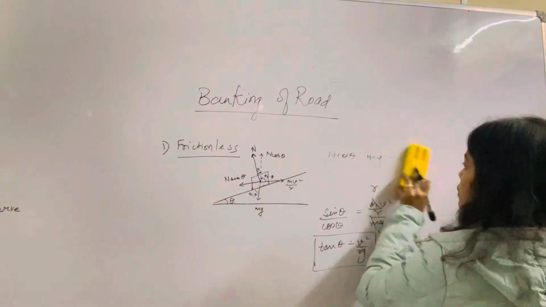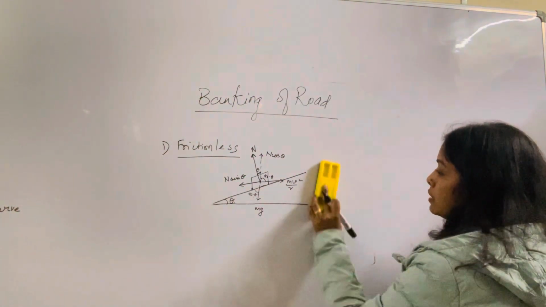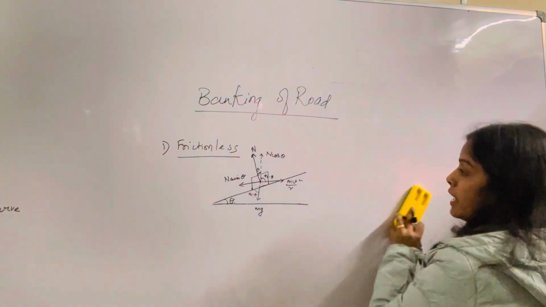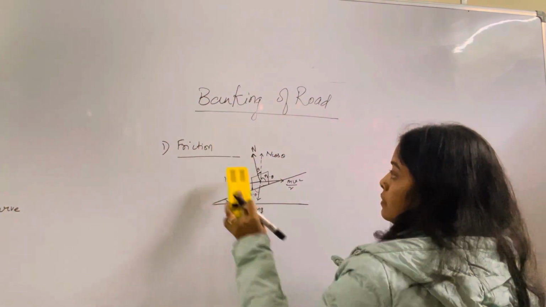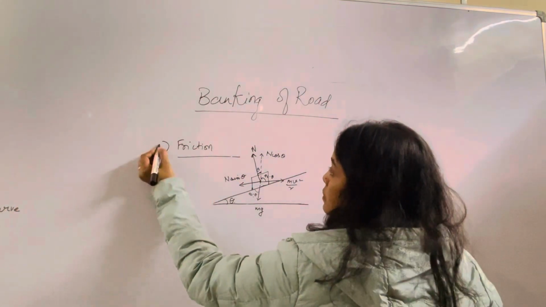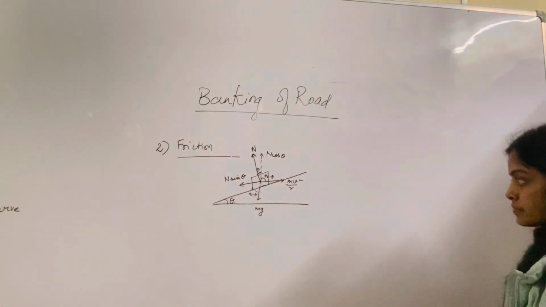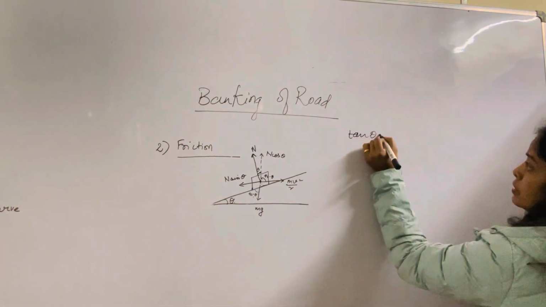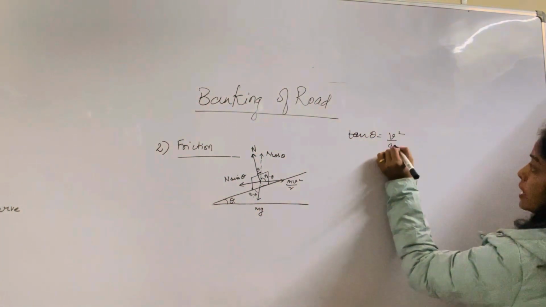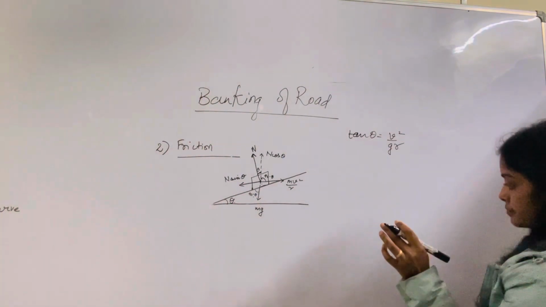Okay, and this is the frictionless case. The next case is the one with friction, when there is friction. In the frictionless case we have tan theta equal to v square by gr, when there is no friction.